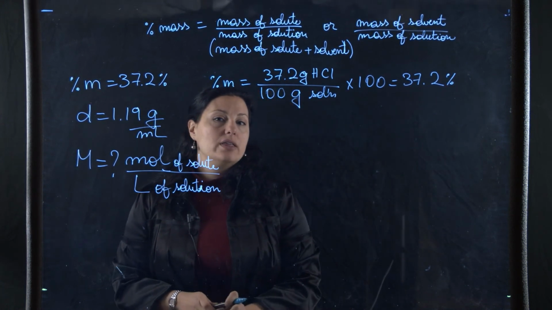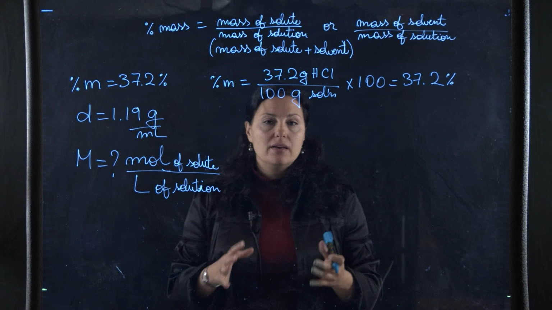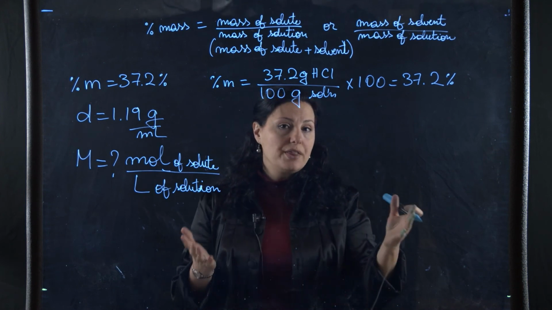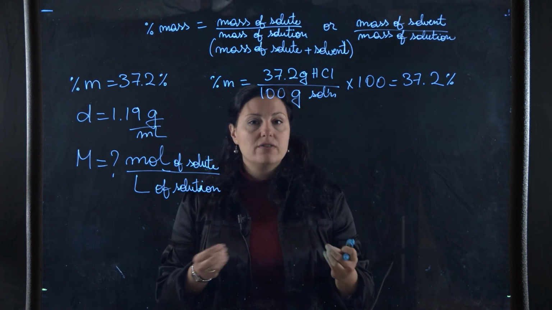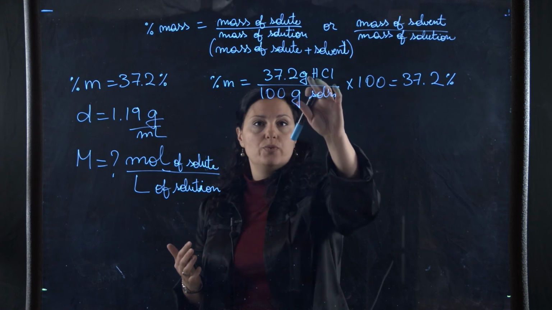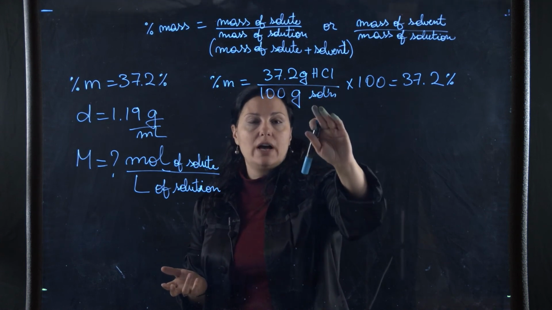Okay? Now, this is true when I'm not given a mass of either the solute or the solution. I mean, this is true all the time, but if I'm specifically given those values, then I have to use those values. If I'm not, then I can always assume 37.2 grams over 100 grams.